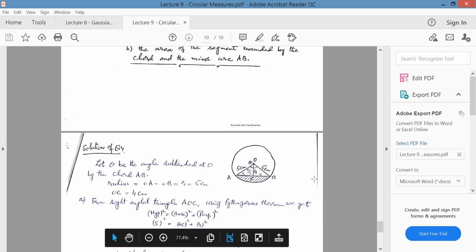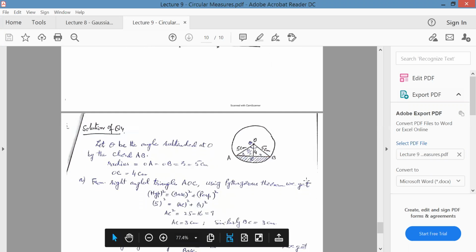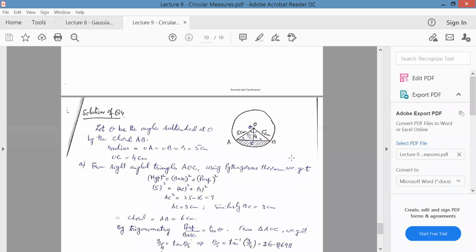Using the Pythagoras theorem, we get hypotenuse square is equal to perpendicular square plus square of the base. If base is unknown, then AC square is the base. Perpendicular square is 4 square. Hypotenuse square is 5 whole square.